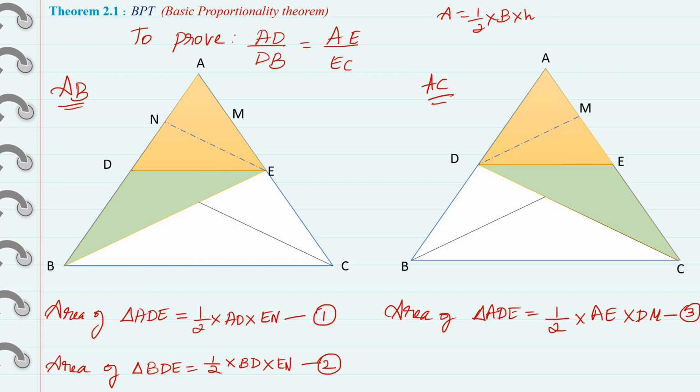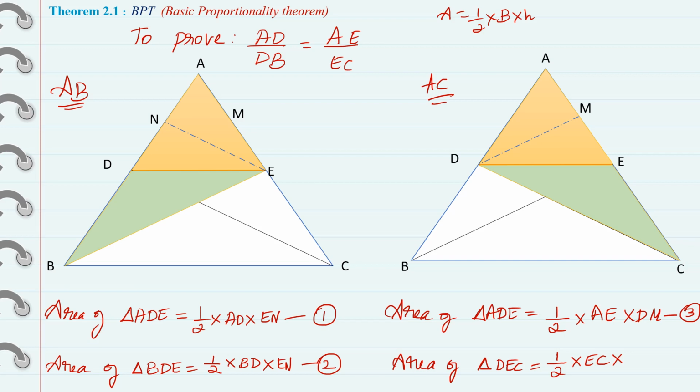Now, on the same side, we have one more triangle, that is, area of triangle DEC, right? Which is there on the green side. Same procedure, half into base, we have to concentrate on the AC side. So what is the base? EC is our base. And what is the height?